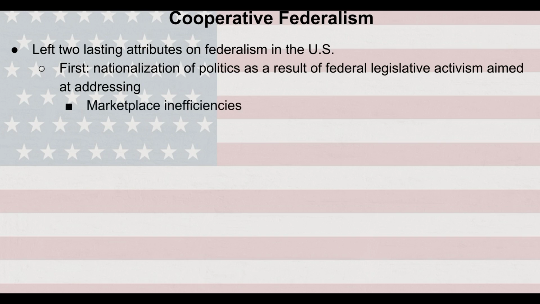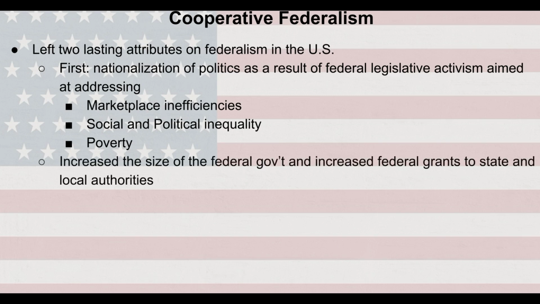And so we're going to see them addressing marketplace inefficiencies, social and political inequalities, and poverty. And so cooperative federalism is going to try to level the playing field in each one of these areas. And it's going to leave a lasting impact on federalism in America.